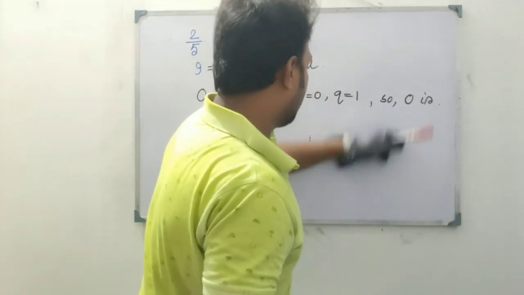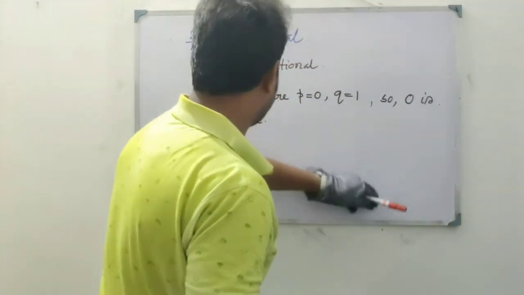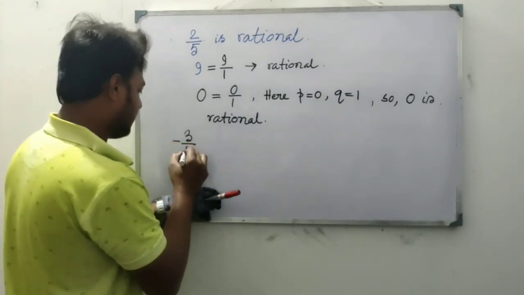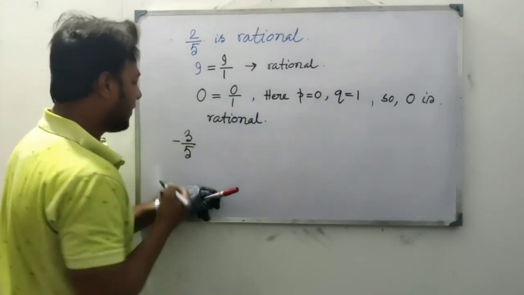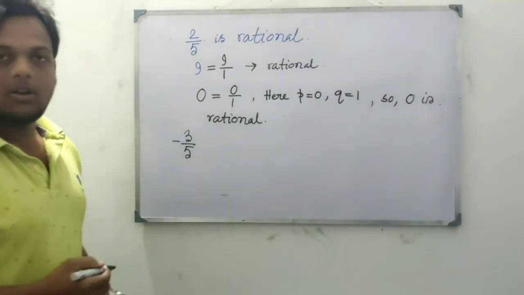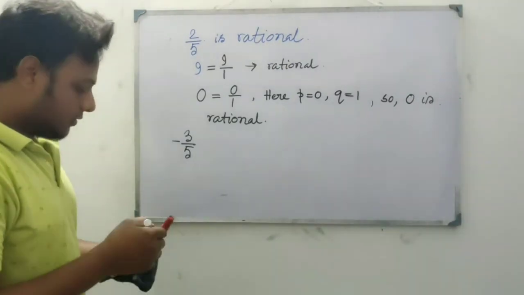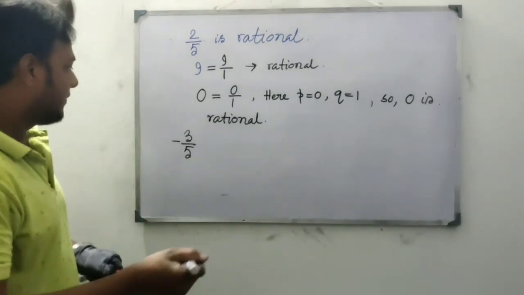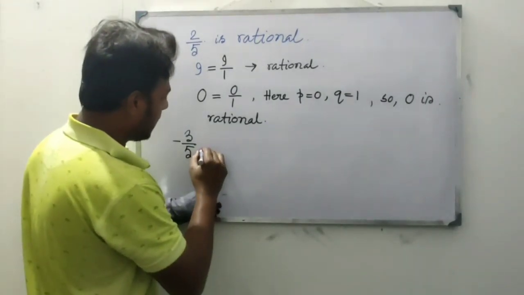Now what about minus 3 by 5? What about minus 3 by 5? Is it rational or irrational? So look at the board. Minus 3 by 5, this can be expressed in two ways. How?